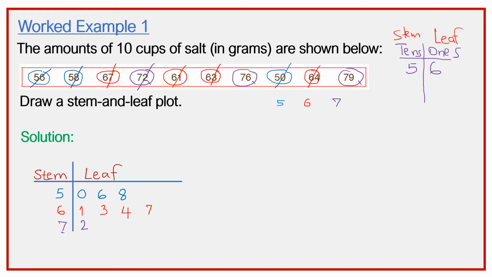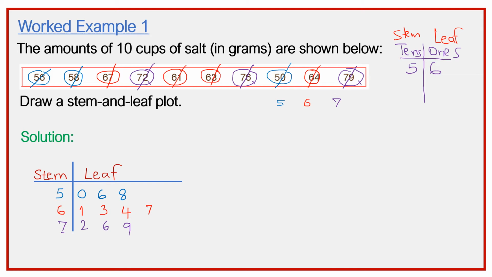Next is 76. So I write 6. Next is 79. I will simply write 9. So this is what we call a stem and leaf plot.